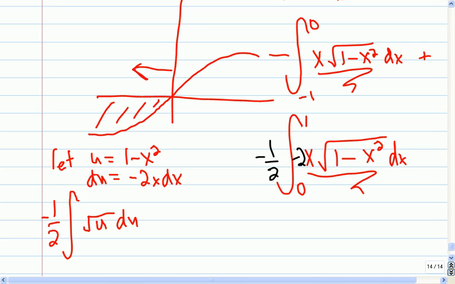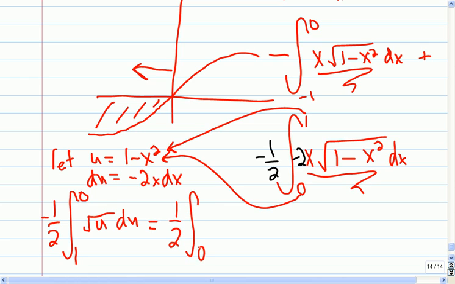So if I put in 0, that means it's going to be 1, and when I stick in 1, it's going to be 0. Now it's not necessary, but if you don't like the way the bounds are, you can change them by adding a negative sign.